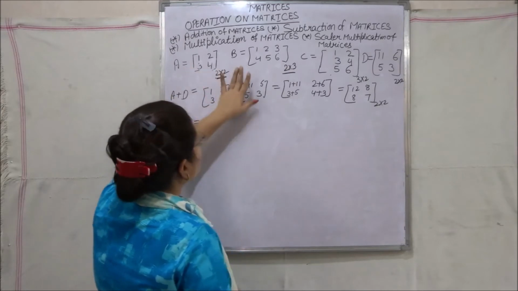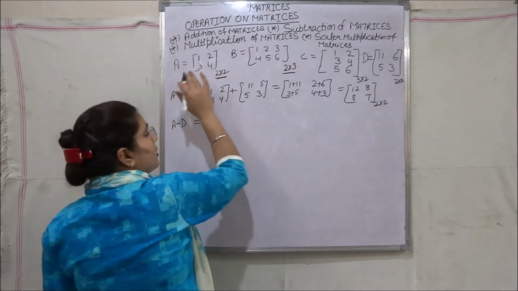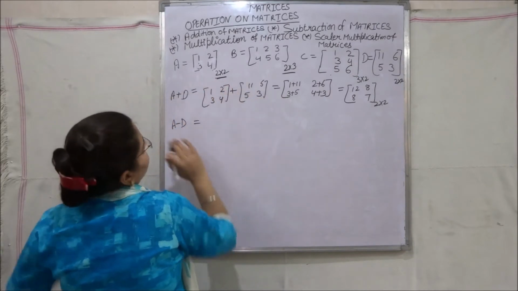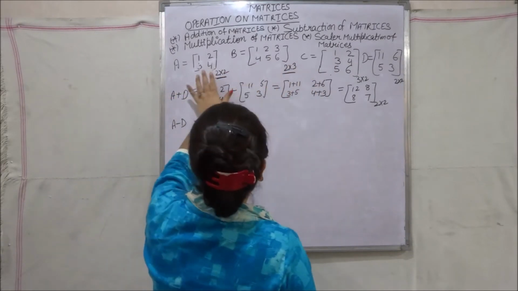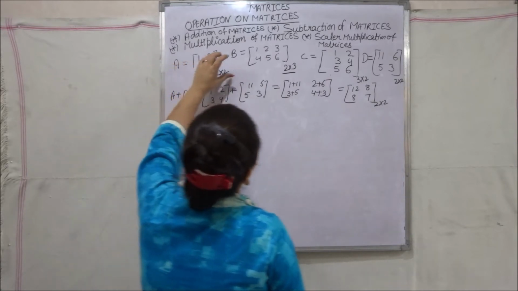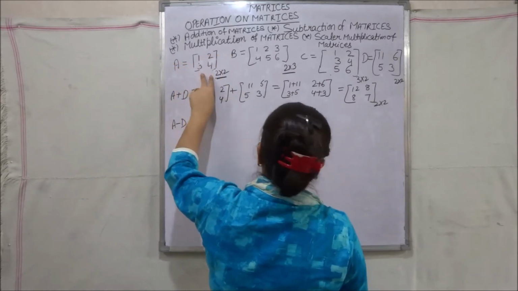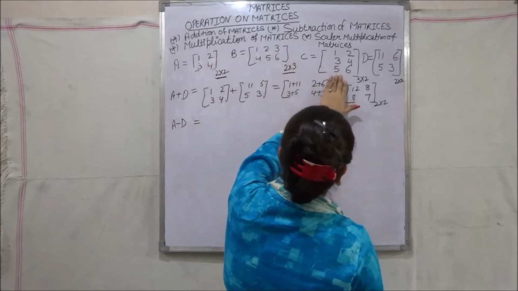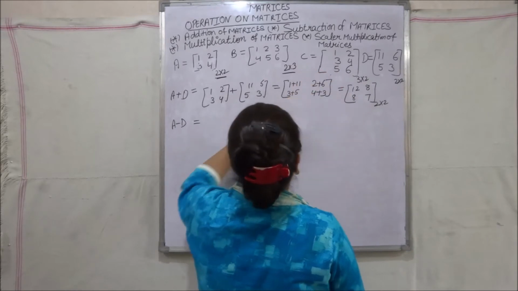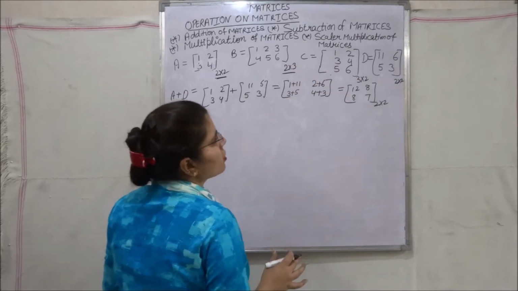So A minus B is not possible. In a similar way, matrices A and C cannot be subtracted, because there are no elements in the third row of matrix A from which we can subtract the elements of row 3 of matrix C. So A minus C is also not possible.